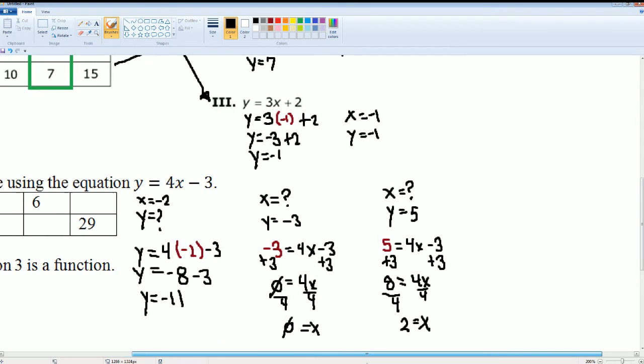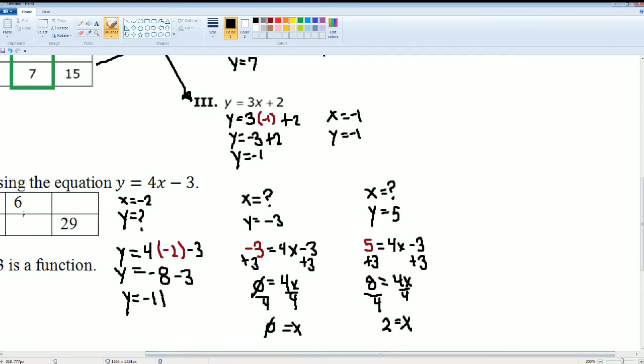Do we have enough room? Yeah, we got plenty of room. This is x is equal to 6. And what is my y equal to? We don't know. That's our question mark. We know the equation is y equal to what? 4. Do we know what our x is? Yep. We know our x is 6. So plug in the 6 minus 3.